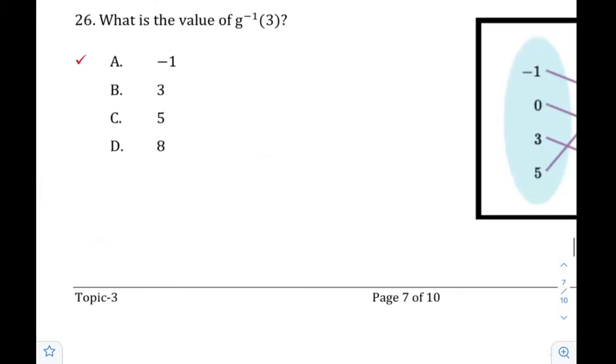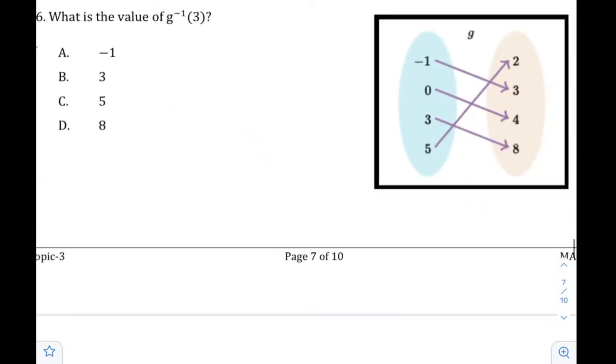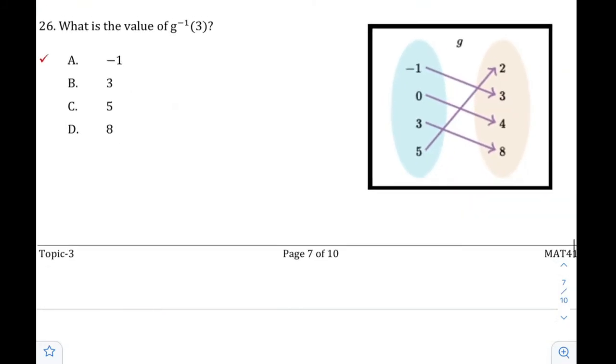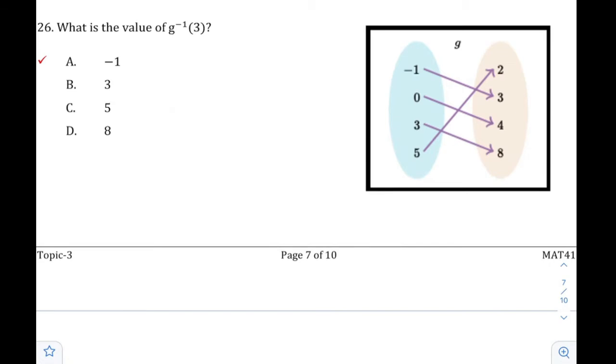Now, this is one of the questions that we usually like to put as multiple choice. What is the value of G inverse of 3? If you were asked to find G of 3, you will go to 3 and see what 3 is paired with. G of 3 means the value of the function G when x is equal to 3, which is 8. But now the question is different.